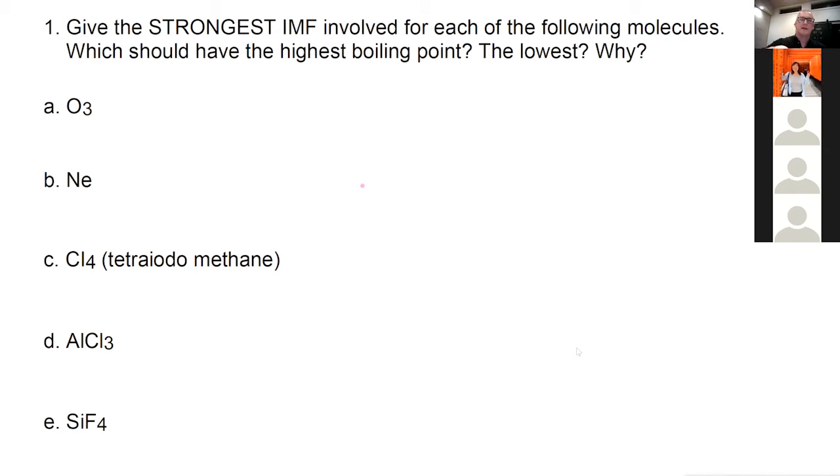So something like carbon tetrafluoride is a gas. And then the larger each of those halogens gets, the more the IMF and the higher the boiling point.